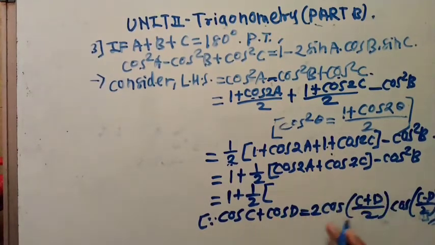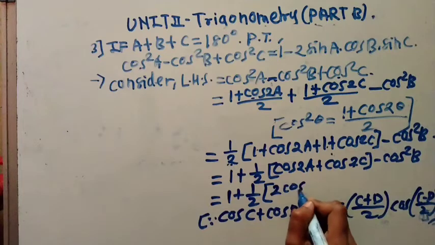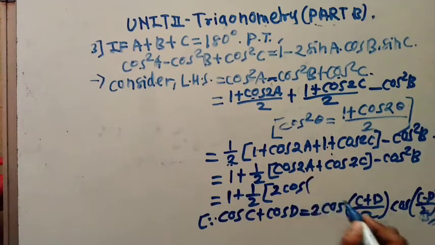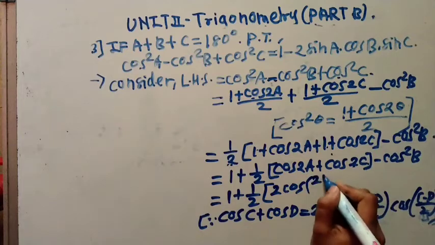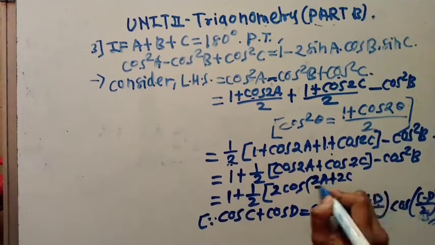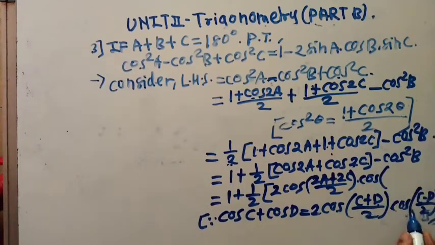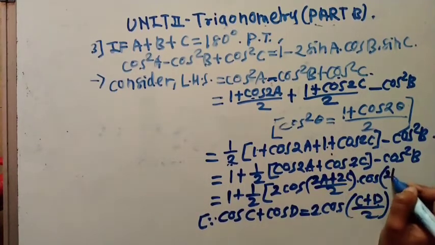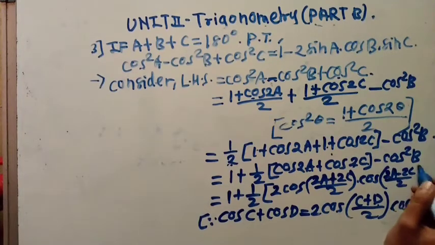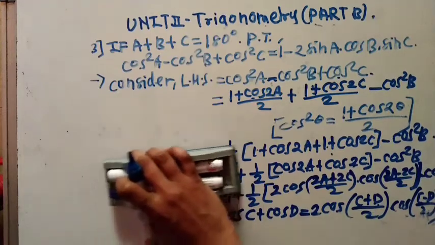Cos C plus cos D is the 2 cos (C plus D means 2A plus 2C) upon 2 into cos (C minus D means 2A minus 2C) upon 2 minus cos square B. Then we simplify this.